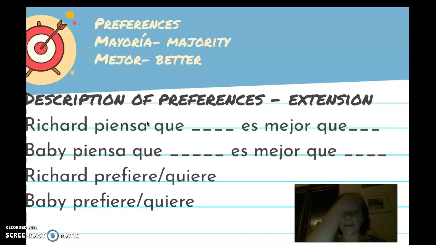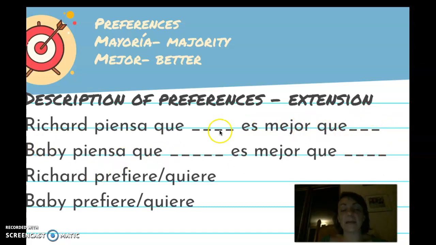Here's another way to develop characters. Richard piensa que, Richard thinks that something is better than something. Richard piensa que chocolate es mejor que vainilla. Richard piensa que McDonald's es mejor que Taco Bell. Maybe.